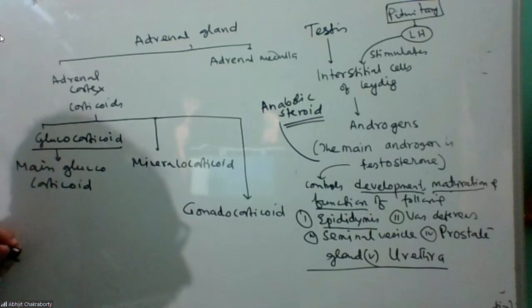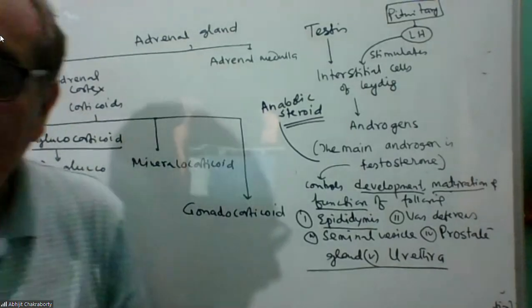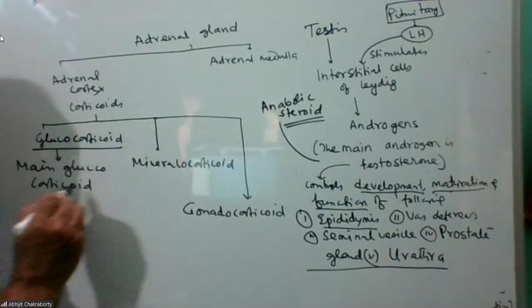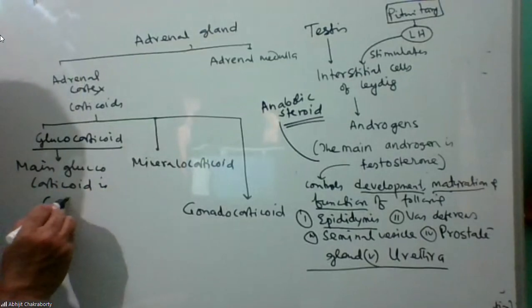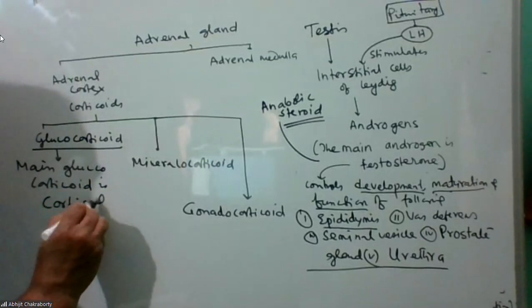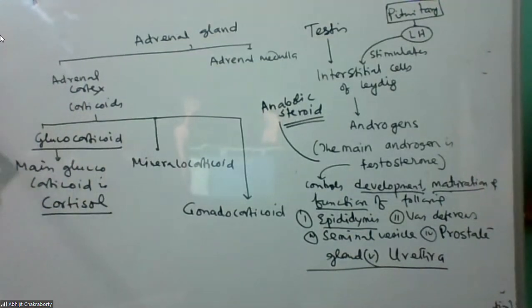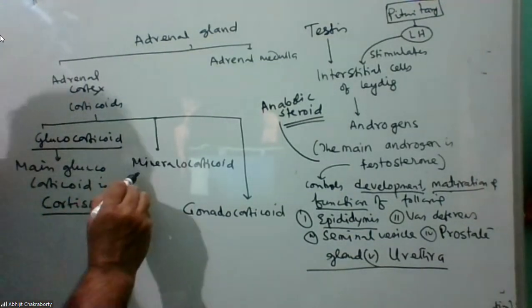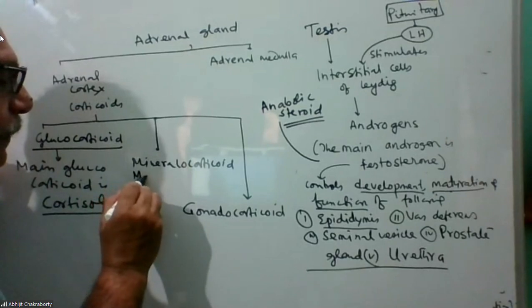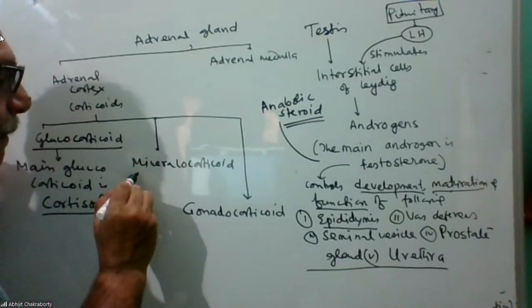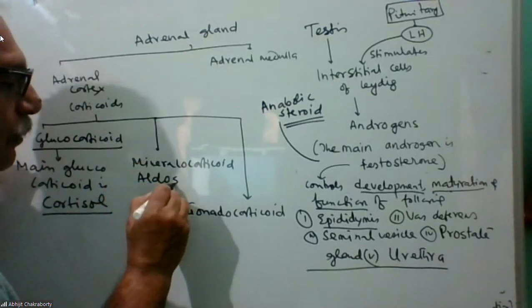The main glucocorticoid is cortisol. The main mineralocorticoid is aldosterone.